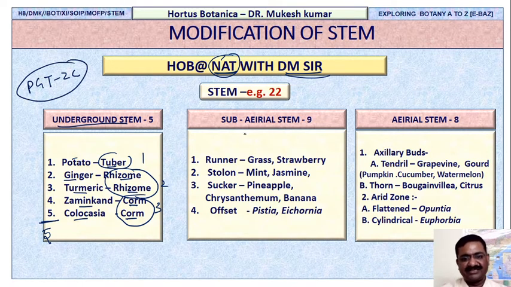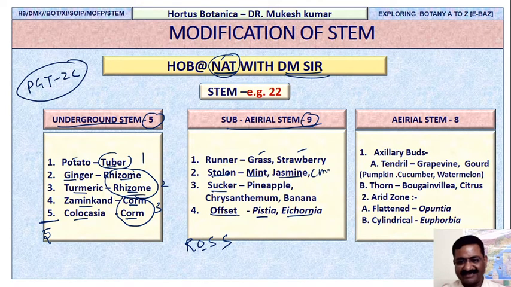Second, the sub-aerial stem. Total examples are 9, while here the total is 5. So remember ROSS, R-O-S-S. R, runner: this is runner, grass and strawberry. O, offset: this is Pistia and Eichhornia. Okay, S, sucker and stolon. Stolon: we have Mentha and Jasmine.